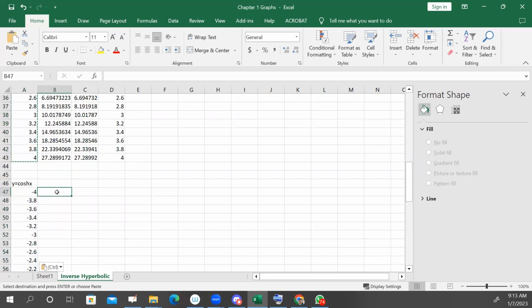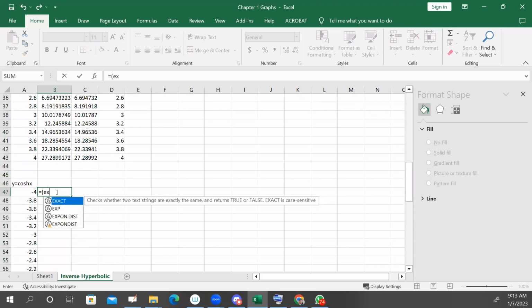And cosh x, you know the equation. So cosh x is going to be e to the x plus e to the power minus x, right, guys? The exponential, open a bracket to give the numerator.